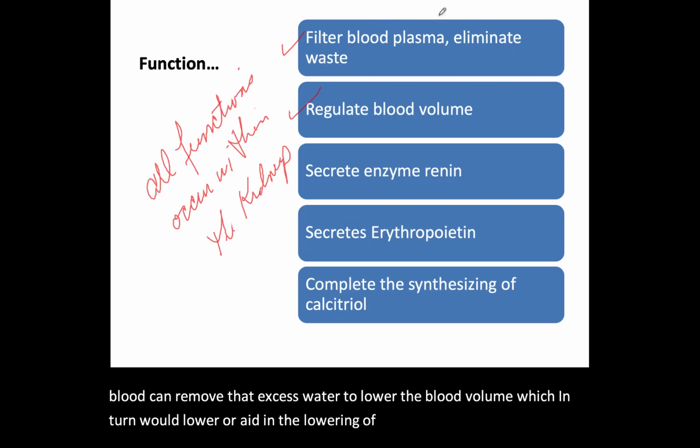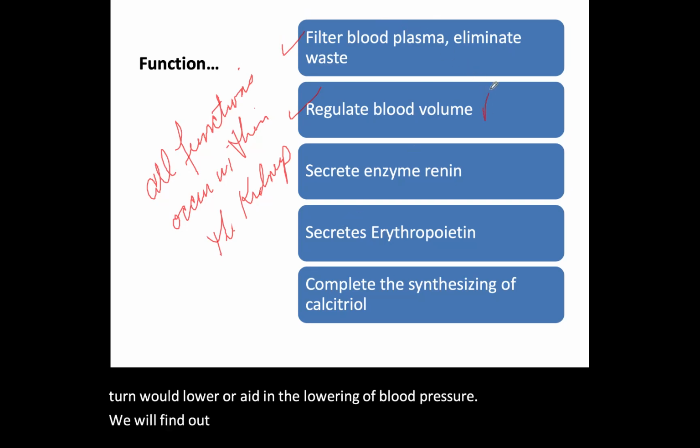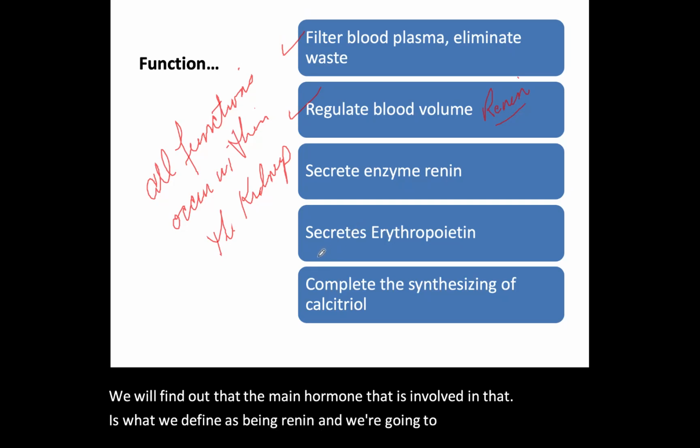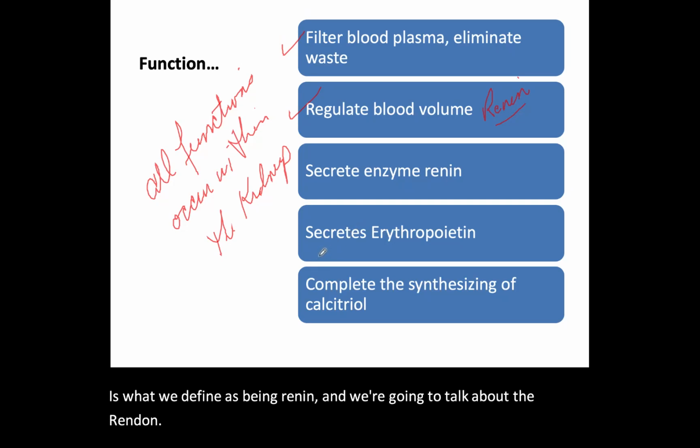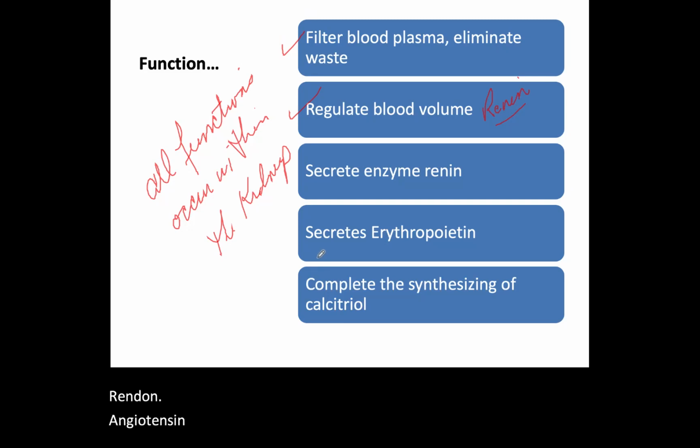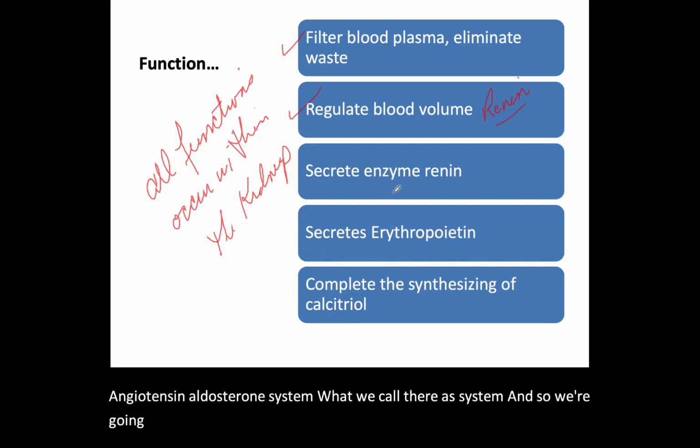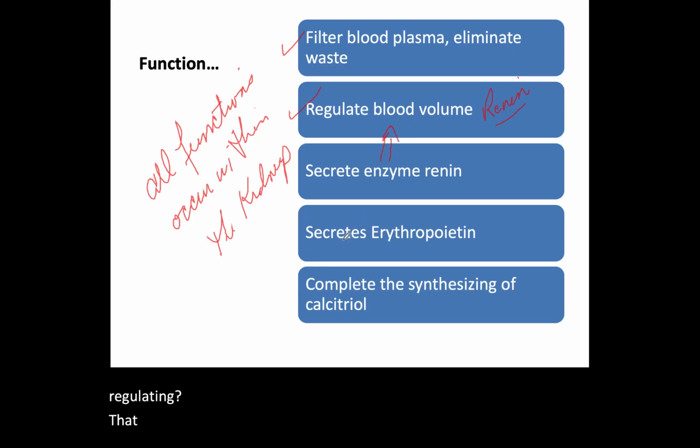The main hormone involved in that is renin. We're going to talk about the renin-angiotensin-aldosterone system, what we call the RAS system, in a lot more detail. Again, what is regulating that blood volume is that enzyme called renin.